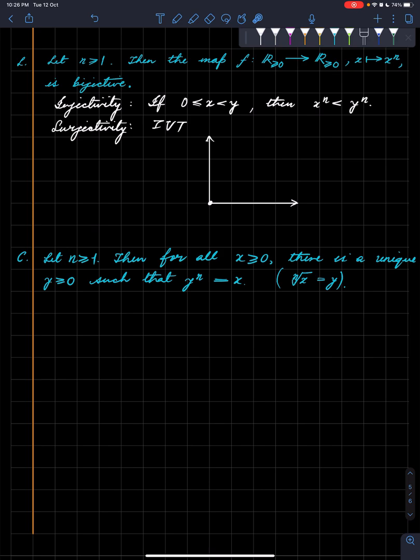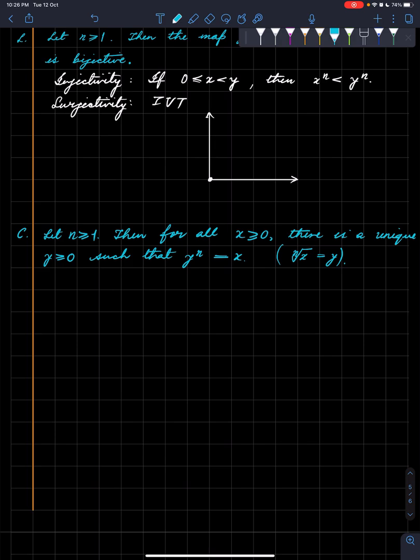Alright. And lastly, okay, so I'll leave this thing as an exercise, the last part, that let n be odd. So if we have an odd integer, then the function, and note the domain and the target, which takes x to the power n, is bijective.